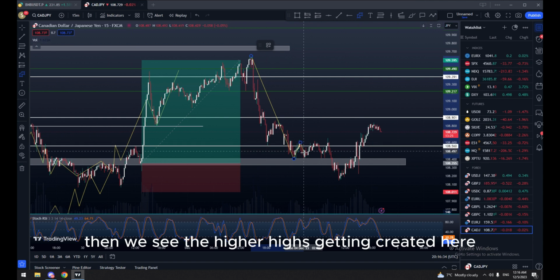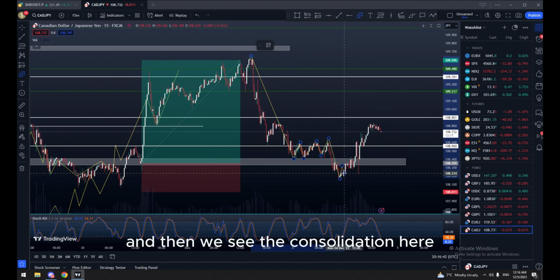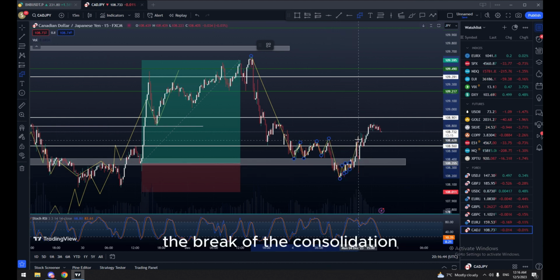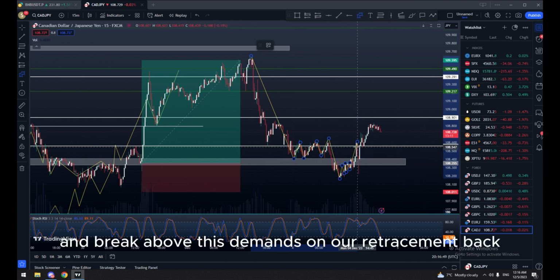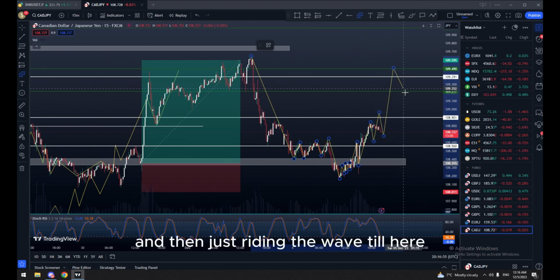Then we see the higher highs getting created here, right? After that, we see the plummet, and then we see the consolidation here, the break of the consolidation and break above this demand zone, a retracement back, where is our entry, and then just riding the wave.